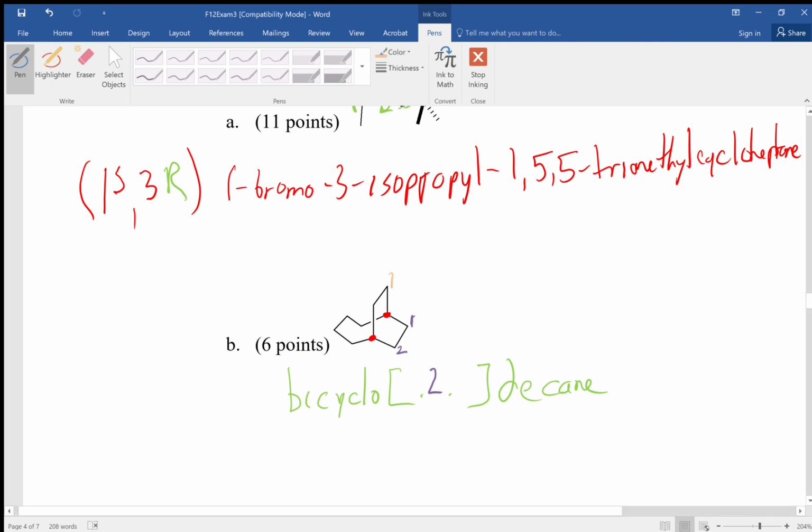If we go by this path, we also have 2. And finally, if we go by this path over here, we have 4 carbons. And we always put those numbers, the lengths of the paths, in numerical order from highest to lowest. So the name for this compound would be bicyclo 4,2,2-decane.